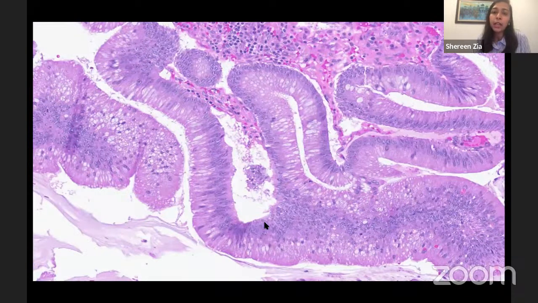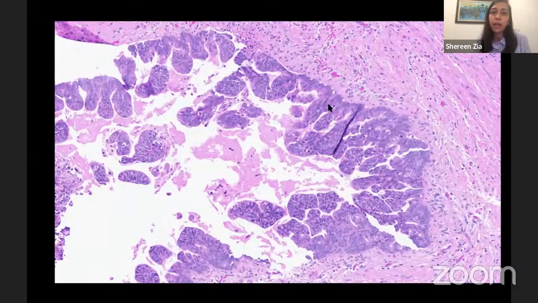Why am I calling it low grade? Because all of these nuclei are very basally oriented and there is still apical mucin on top. So this was a low grade part of the lesion. And then these ones are pretty different from the one I showed you before. These are losing their polarity. All of the cells whose nuclei were very basally located in the previous image are now haphazardly oriented.